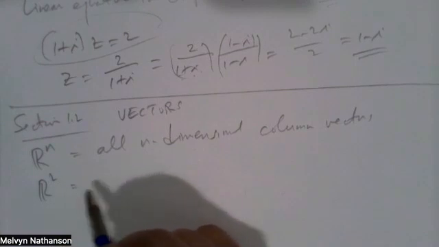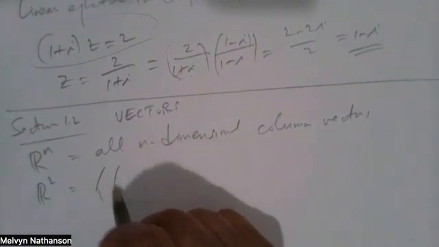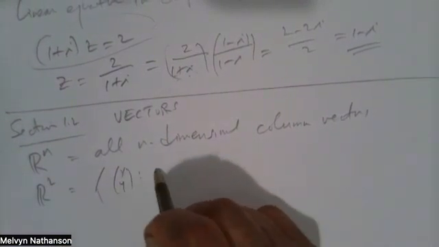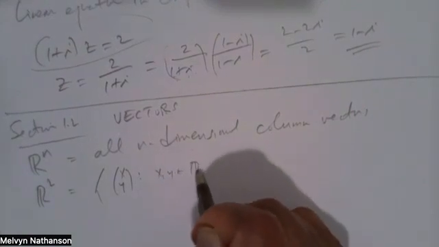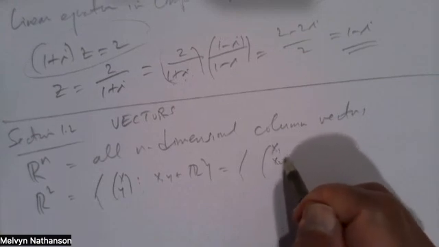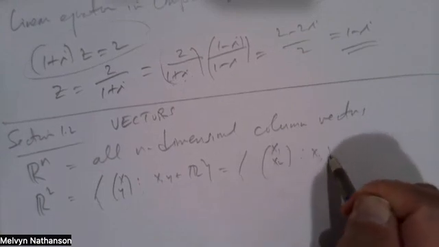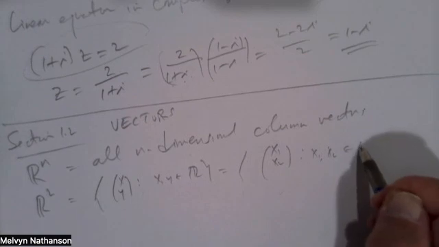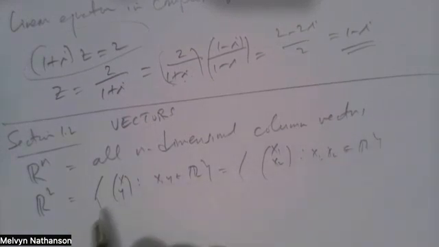So R2 is the set of all two-dimensional vectors. You can write this as a set of all vectors (x, y), where x and y are real. Or you can write this as a set of vectors (x1, x2), where x1 and x2 are real scalars. Doesn't matter what letters you use for the coordinates.